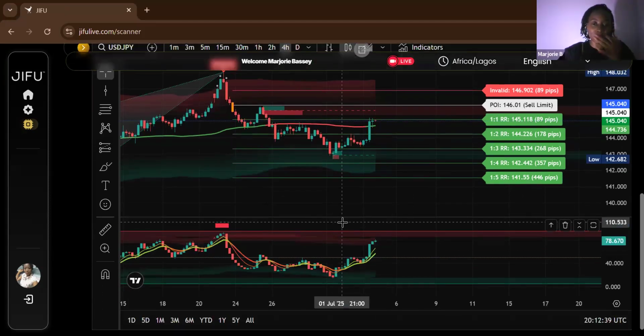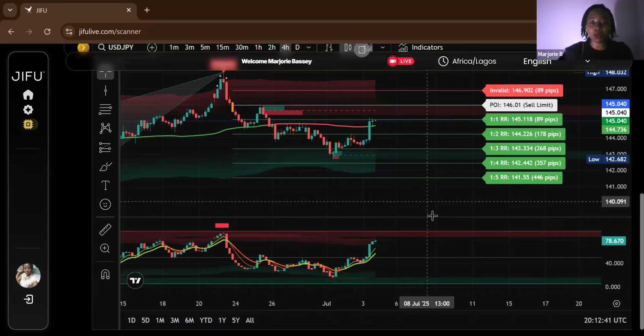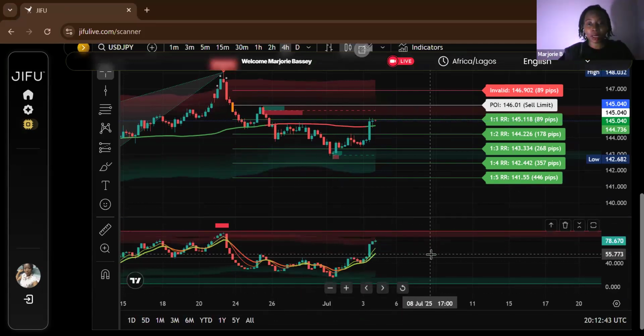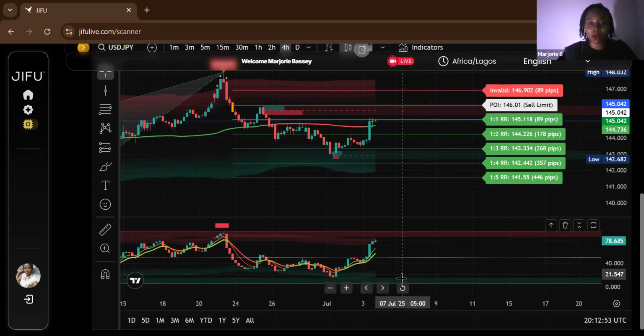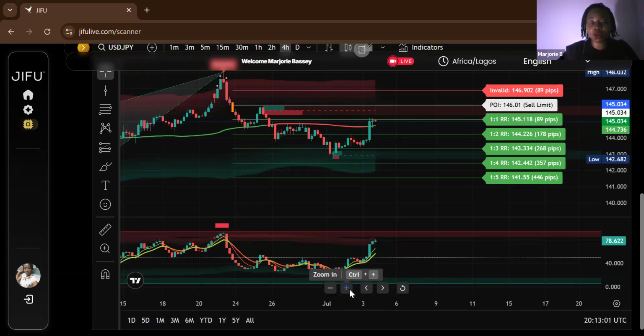If you want to expand the candle, if you come to the bottom of your chart here, you see minus, plus, and then you see these other arrows going to and fro. This one you can use to reset the chart view, this one you scroll to the right, scroll to the left, and this one is to zoom in.